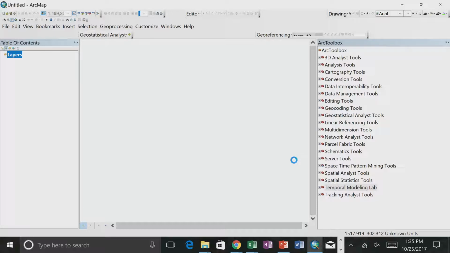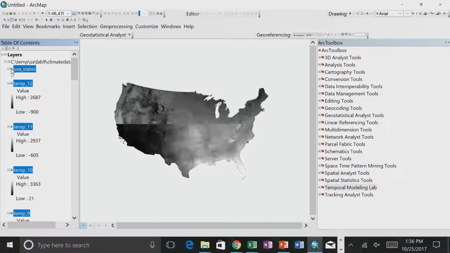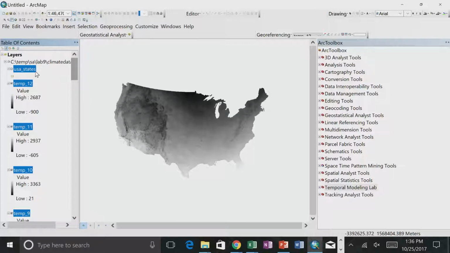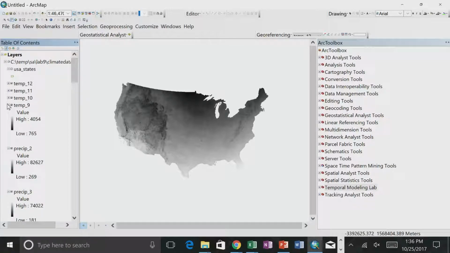We'll talk about some of the questions that we'll have to answer later, but they're related to why we have the states on here. All right. So I want to explain the data a little bit, although I explained that in the lab.